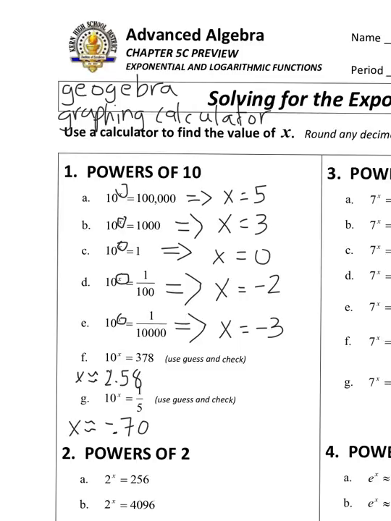A way that you could have done that is, if you know that 10 squared is equal to 100, and you know that 10 cubed is equal to 1,000, and you know that 378 is between 100 and 1,000, so you know that this x value has to be between 2 and 3, and 2.58 would check in that case.